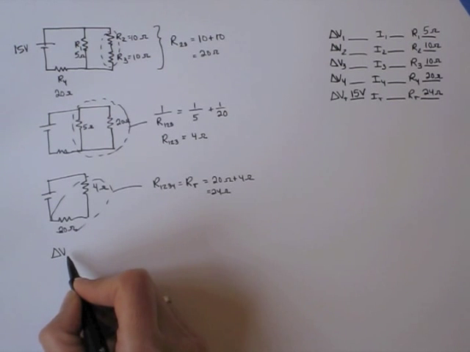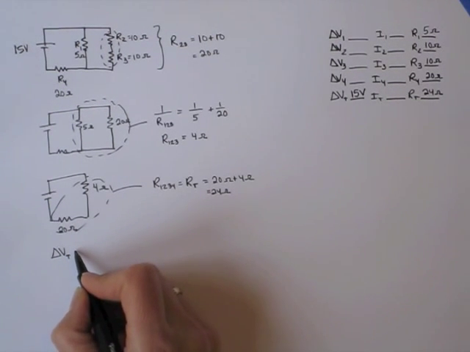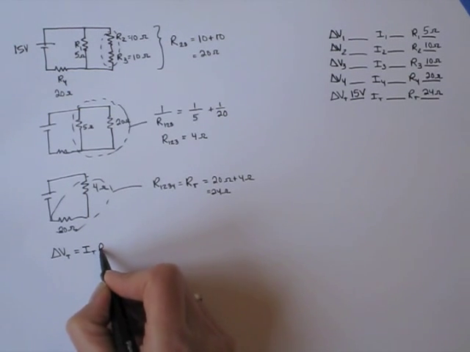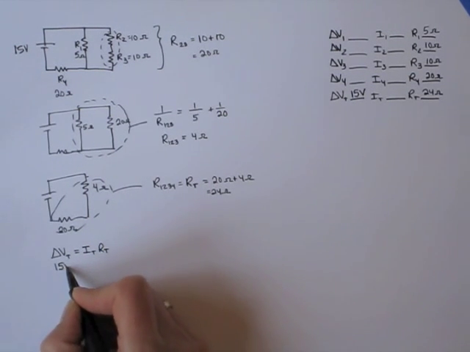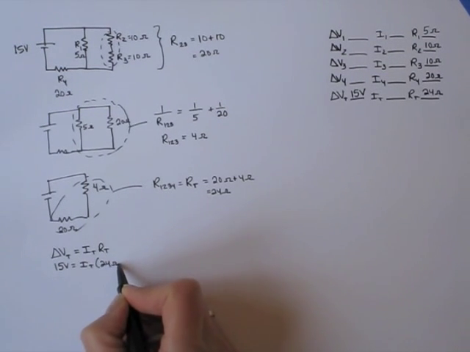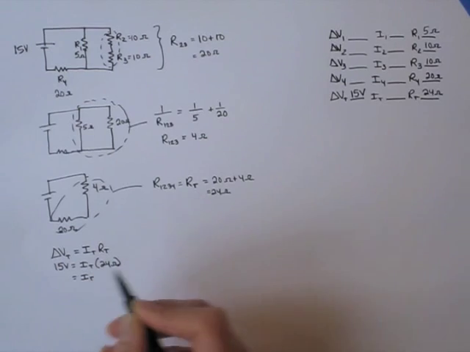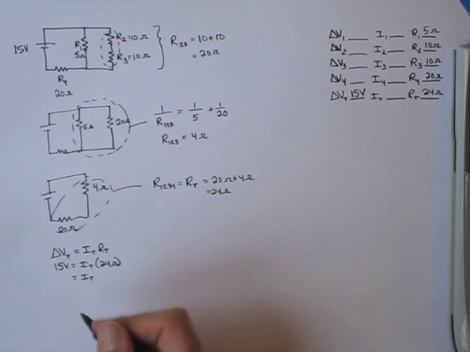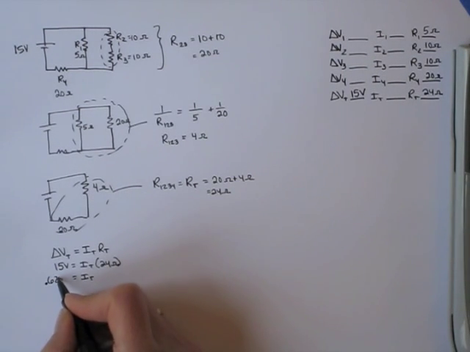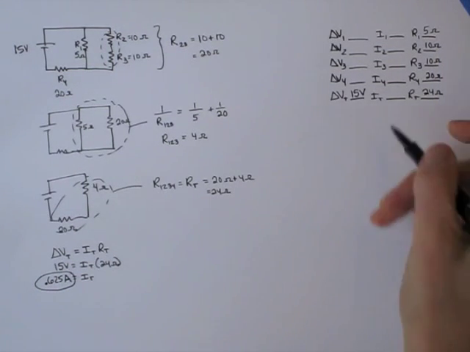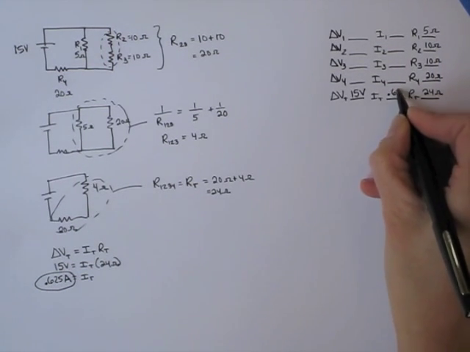So total voltage difference equals the current times the resistance. 15 volts equals the current times the resistance. And calculating that, we get 0.625 amps. So that's our total flow in the circuit.